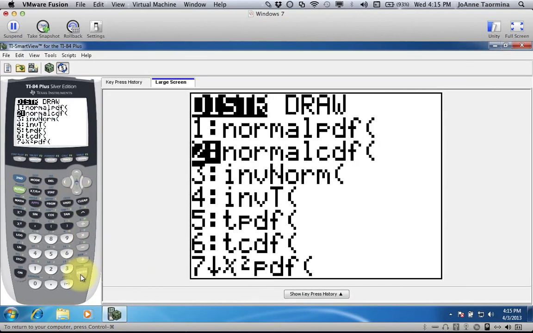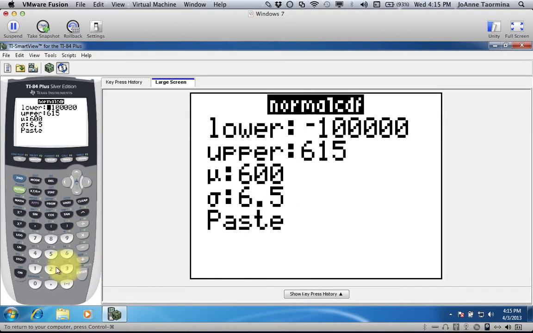So to find probability, we use normal CDF. We're going from 590 to 610, sample mean of 610. 600 is the mean of the sampling distribution. I know the calculator is not going to use different notation. It's just going to use the same notation as we had in Chapter 7.